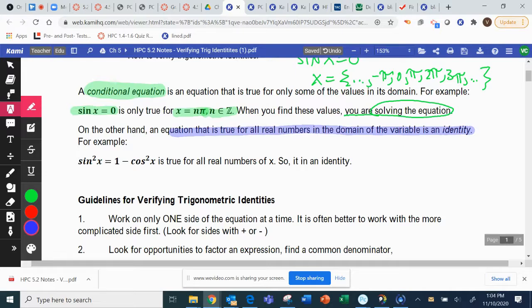And this is an identity that we were using before: sine squared x is equal to 1 minus cosine squared x. That's true for all real numbers of x. Doesn't matter what we plug into x, this will always be true. So we would never be solving this. You can't solve it. It's just exactly the same on both sides. So those are called identities, and that's what we're going to be dealing with today.